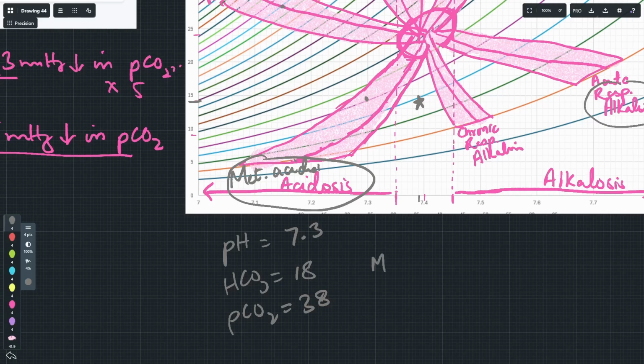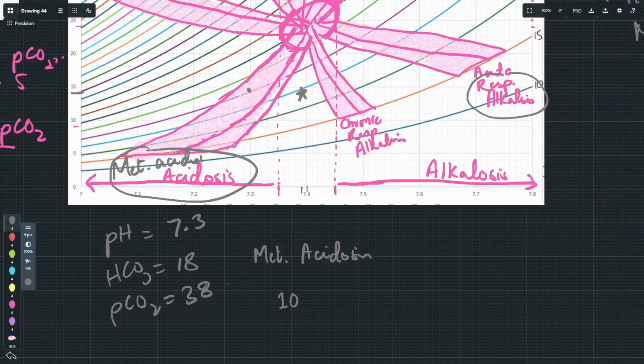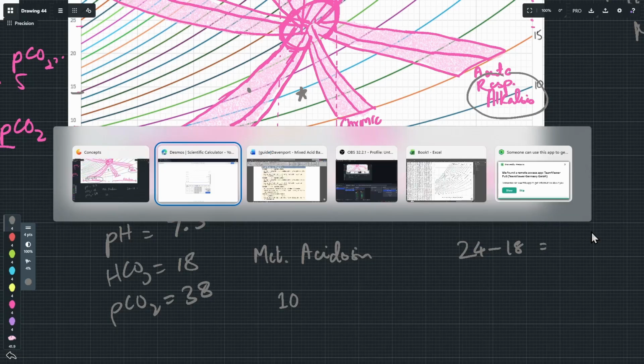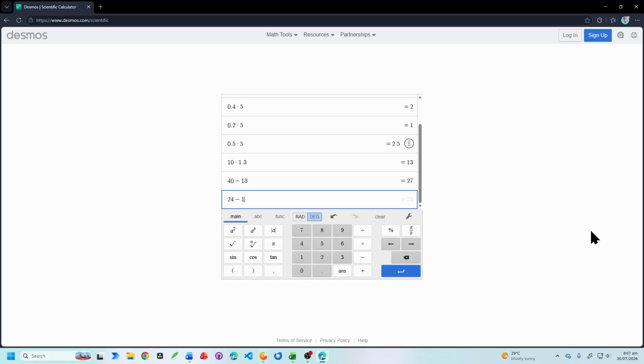low. So one thing is for sure, we have metabolic acidosis here. And even if we do not use the Davenport diagram, we can use the renal rules. 24 minus 18 is 6, multiplied by 1.3.